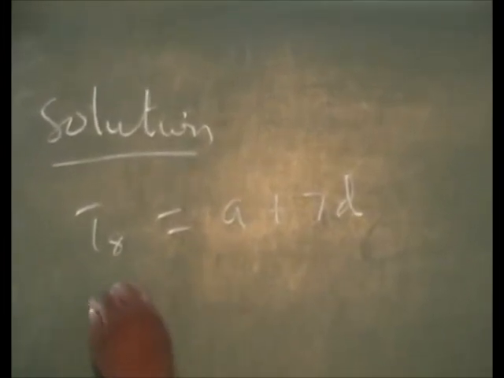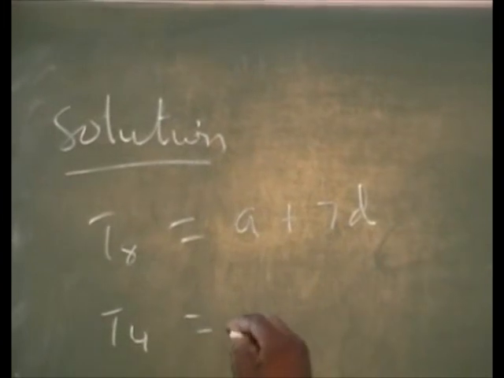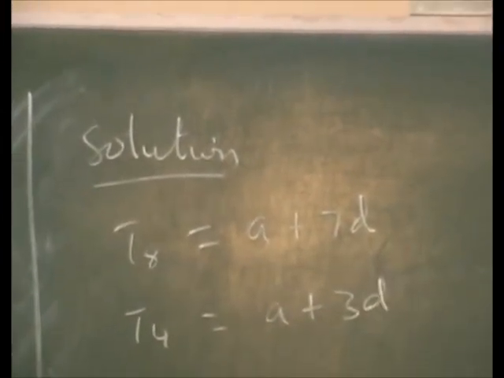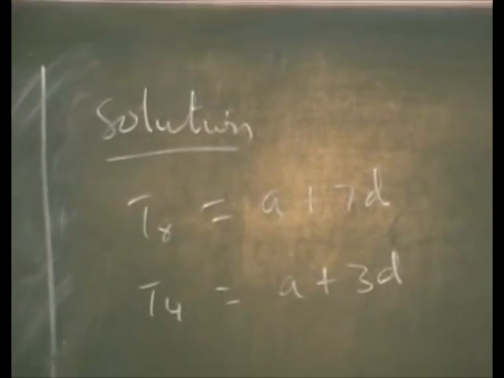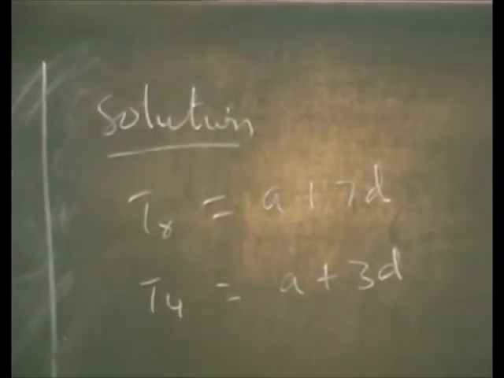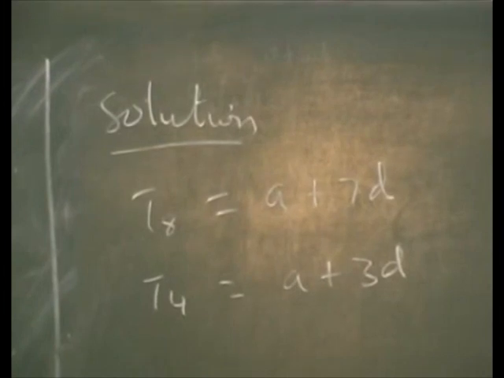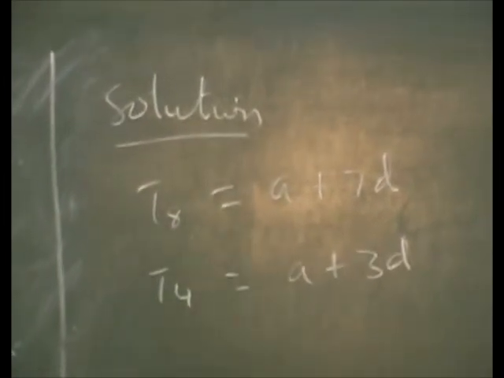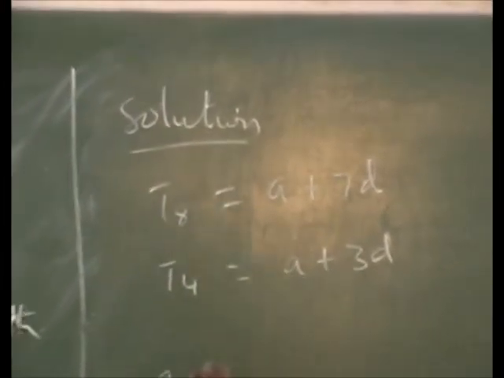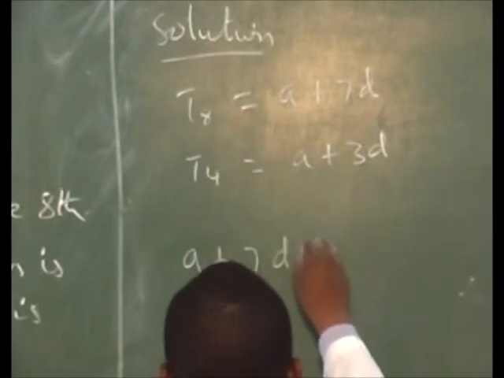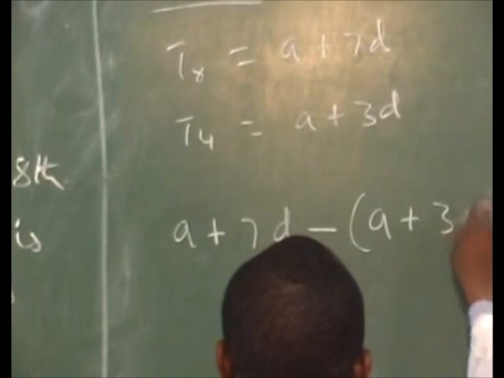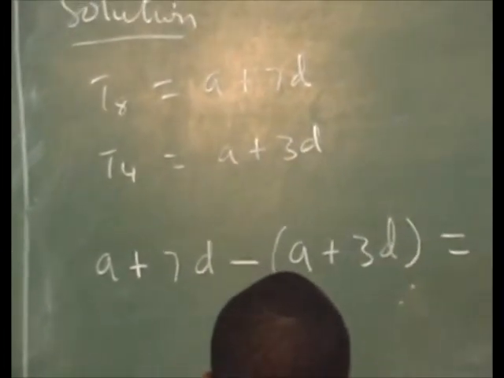Now we also have T4, the fourth term, which is A plus 3D. Now the question says that the difference between the 8th and 4th term is 20. So what we are saying is that A plus 7D minus (A plus 3D) will be equal to 20.